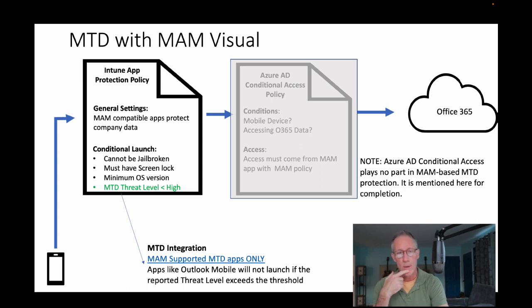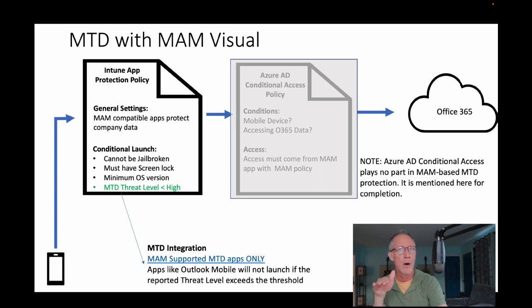So here's the visual of the mobile application management channel using a mobile threat defense. We use an Intune app protection policy. And one of the things in that is a conditional launch. Now, in conditional launch, we can say, well, if the machine's jailbroken and MAM can detect that, we don't let apps launch, like Outlook, Teams, OneDrive. Again, the usual suspects. Got to have a screen lock enabled.